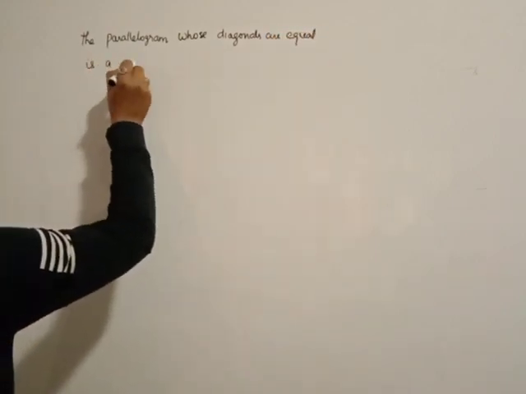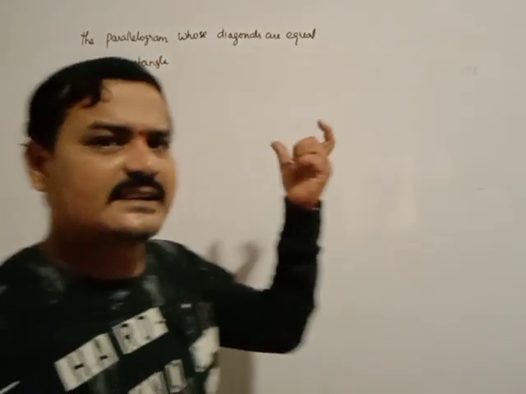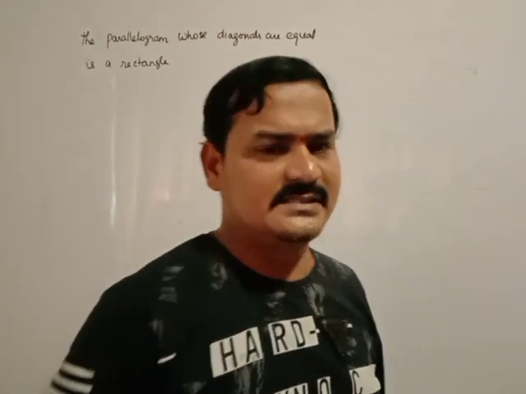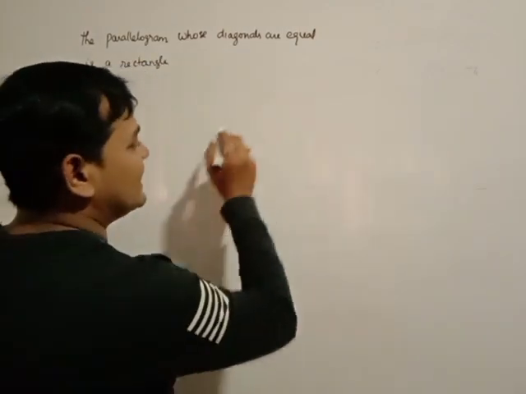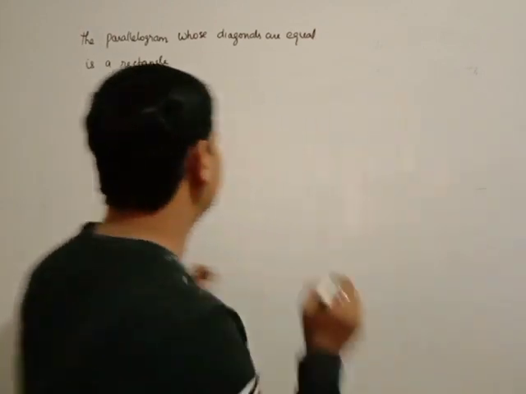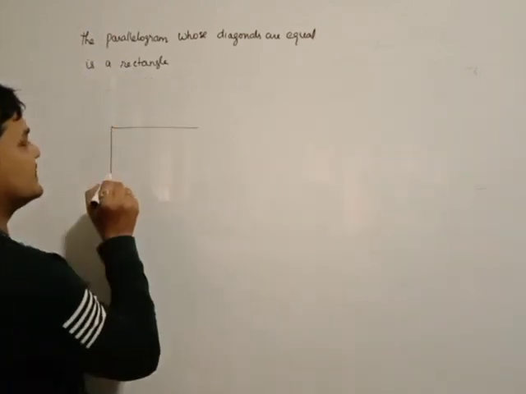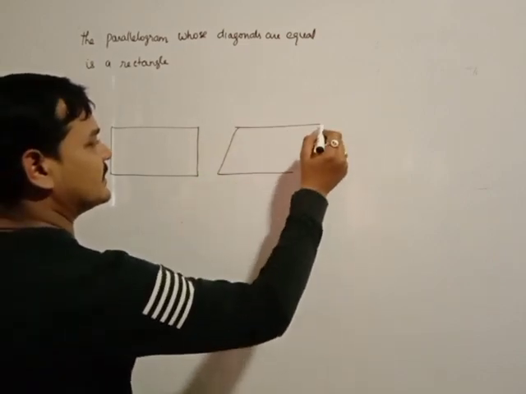This is the concept you know generally in geometry. What is the condition for a parallelogram and what is the condition for a rectangle? Here I can draw the two figures, this is the rectangle and this is the parallelogram.